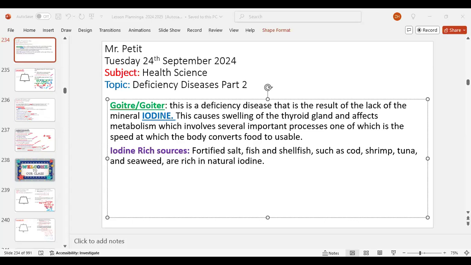Okay. So we have seaweed, kelp. Those are good sources. Eggs, especially the egg yolk, right? And in the plant world, we could use cranberries.